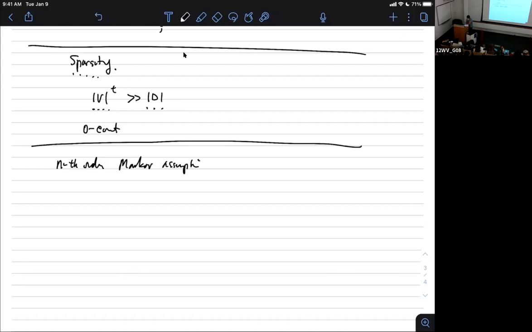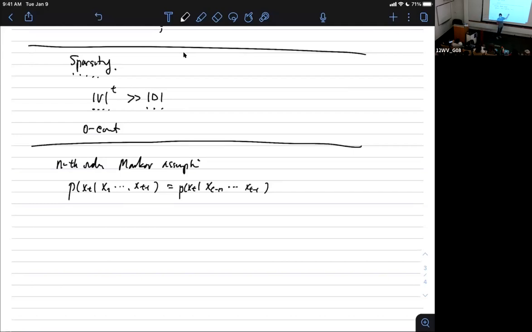In the nth order Markov assumption, we say that the probability of xt given x1 all the way to xt minus 1, so the conditional probability of xt given all the previous words, is going to be the same as the probability of xt given the n previous words.